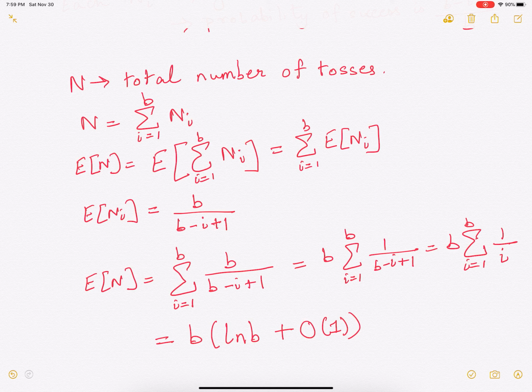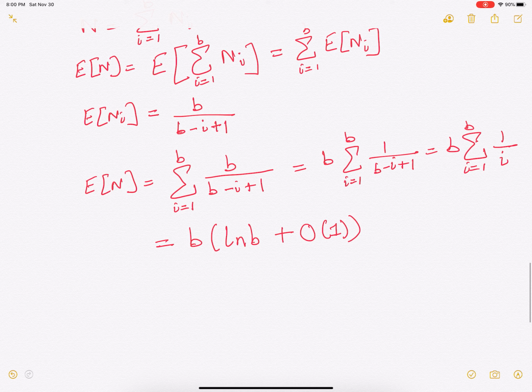I am just trying to give you an algorithmic bound, because that is the expression and we want to evaluate it. This is how it will evaluate to, and this can be solved as O of b ln b. Now as b grows larger and larger, expectation of n is going to be O of b ln b.